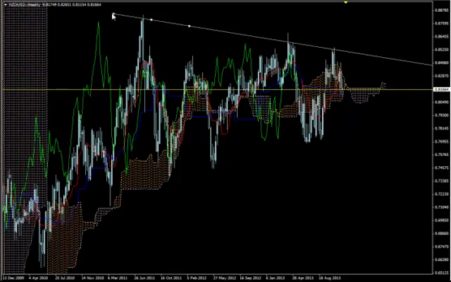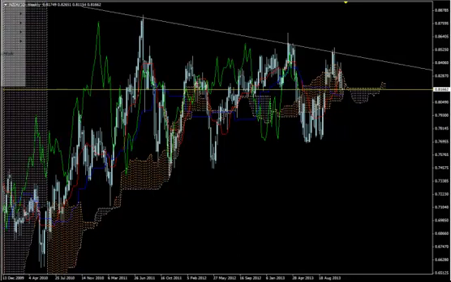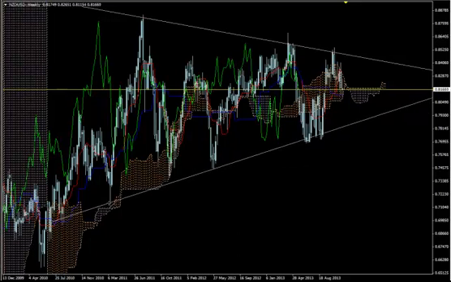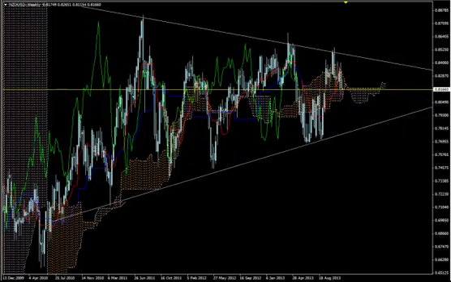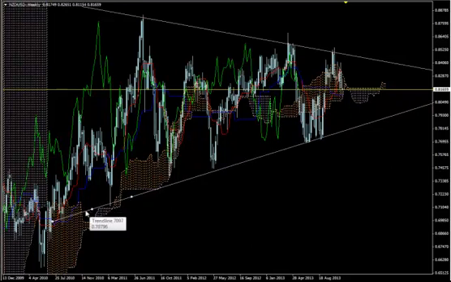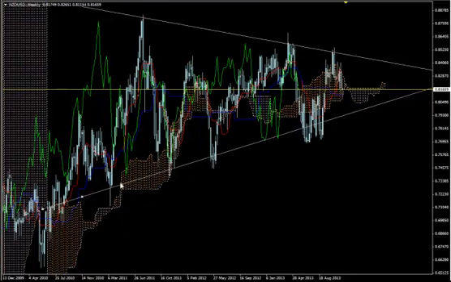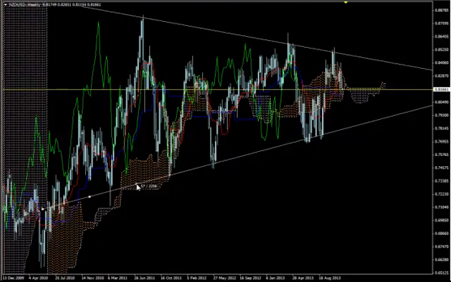This is a symmetrical triangle, and let me insert the lower trend line here. I could take it from down here. No, I will be more conservative, so here are the points I'll be using. I will make it with as low a height as possible, to stay as close to reality as possible.